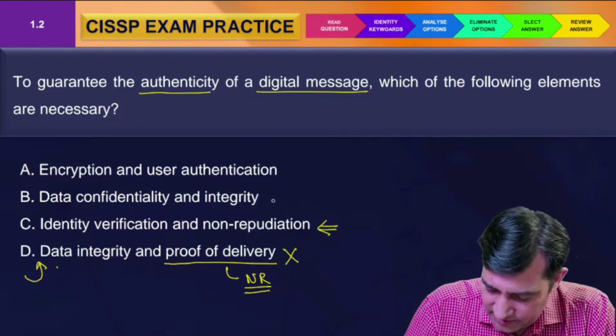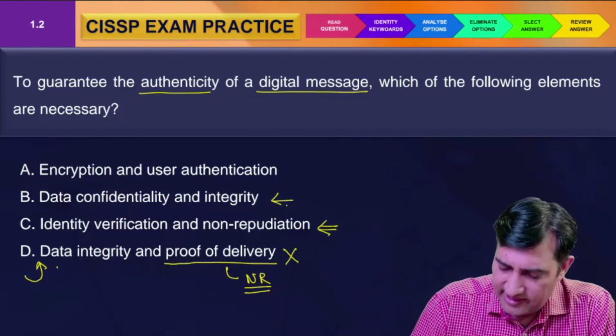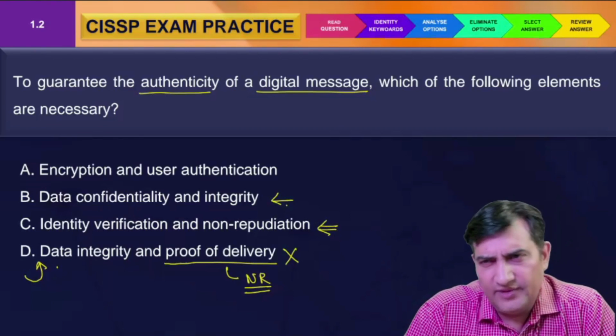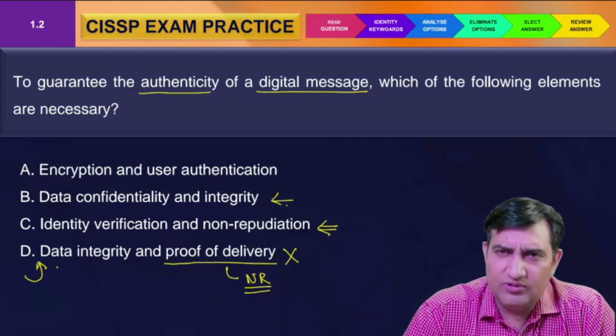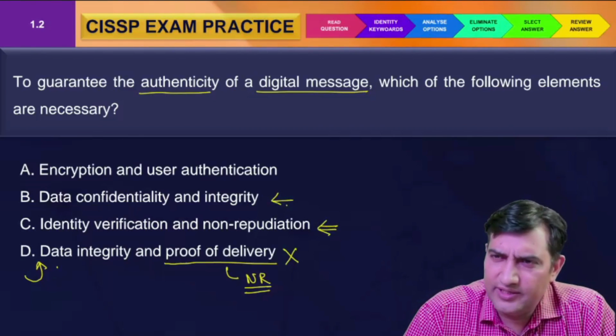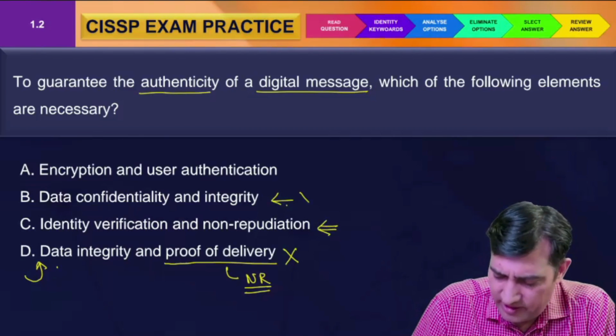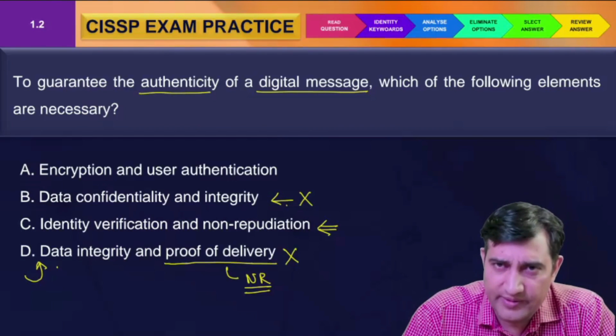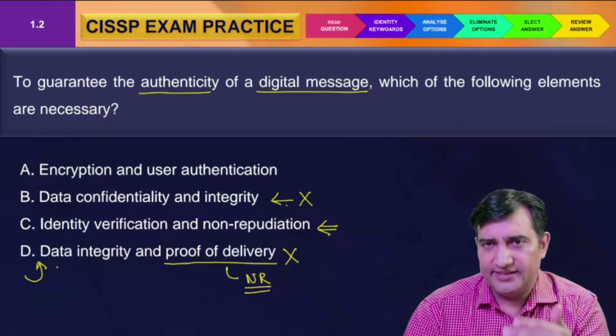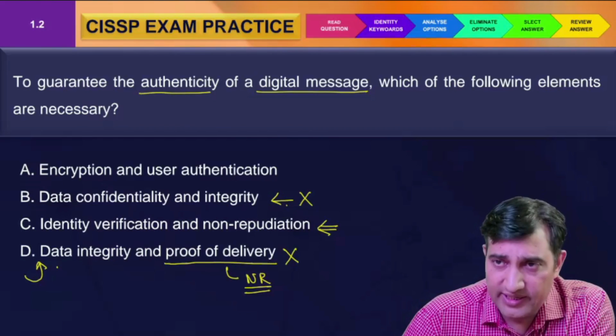The next option says data confidentiality and integrity. They are separate subjects, right? That's not completely under authenticity, so I am going to simply rule it out. It doesn't make much sense to me. Option A says encryption and user authentication.